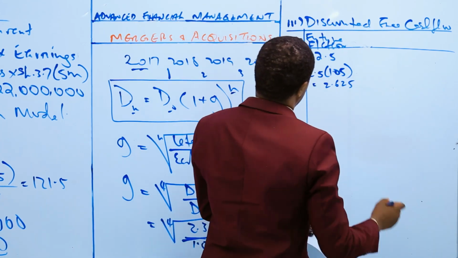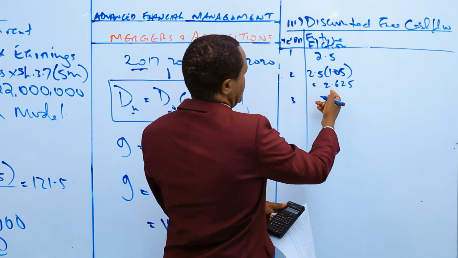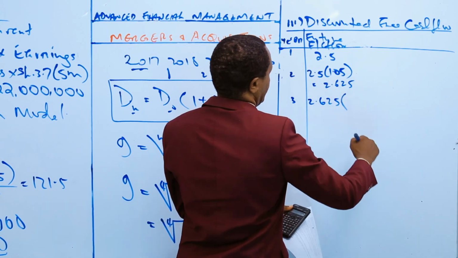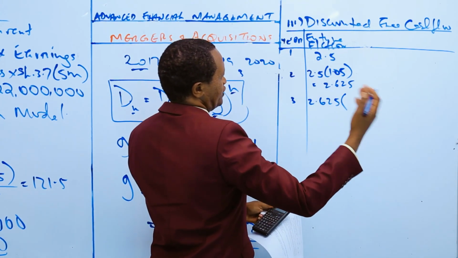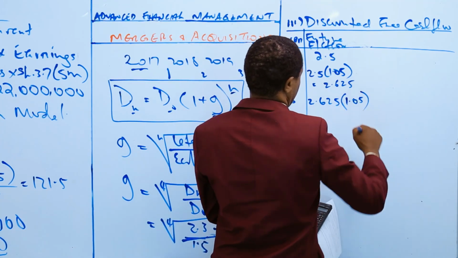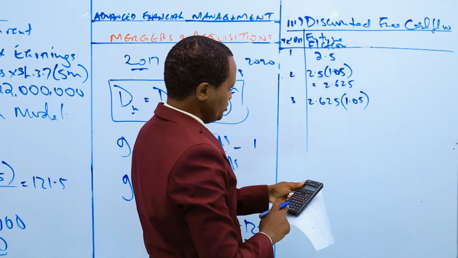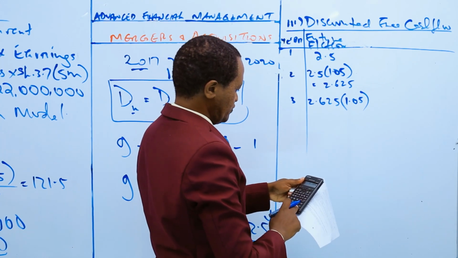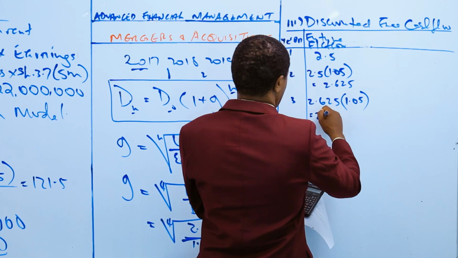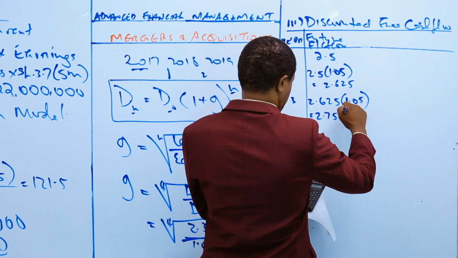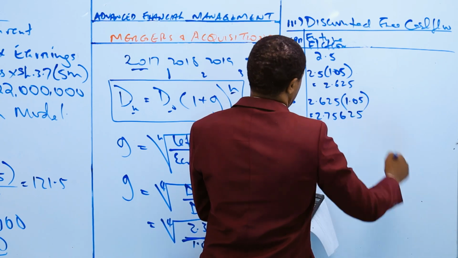Then year 3, this 2.625 will grow again at the rate of 5%. So I multiply by 1.05, which is equal to 2.75625.